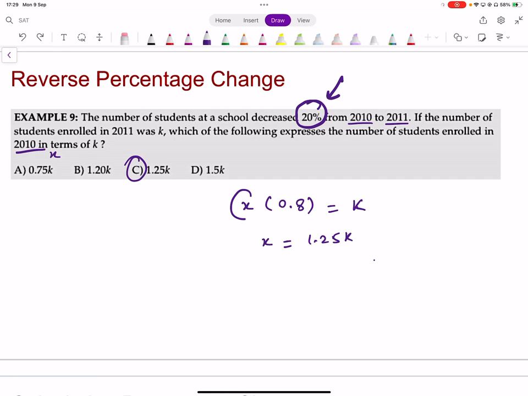You would instead take X as the base, decrease that by 0.8, and that gives you K as a result. And from that, you get X equal to K over 0.8, which gives you 1.25 times K. Put that on a calculator, 1 over 0.8, that should give you 1.25.